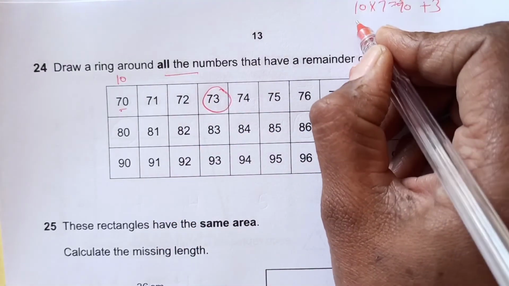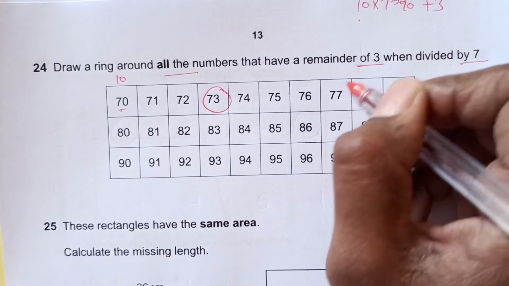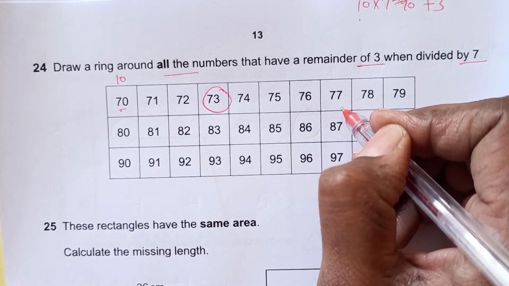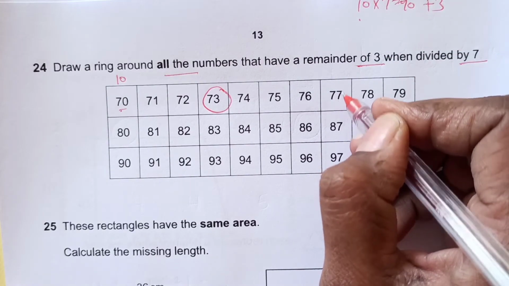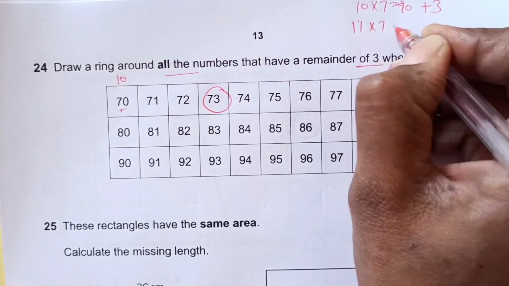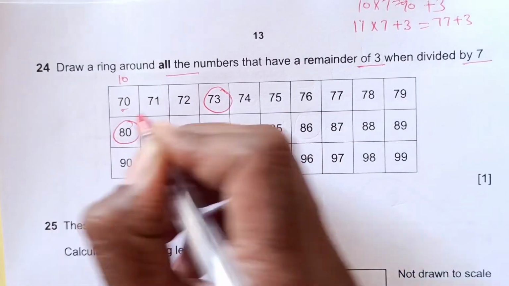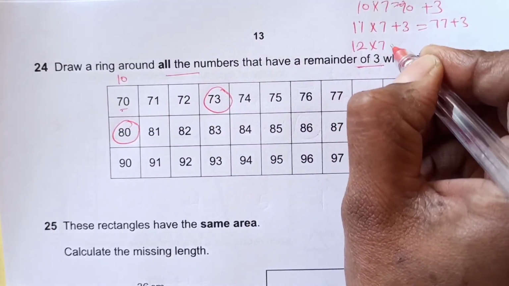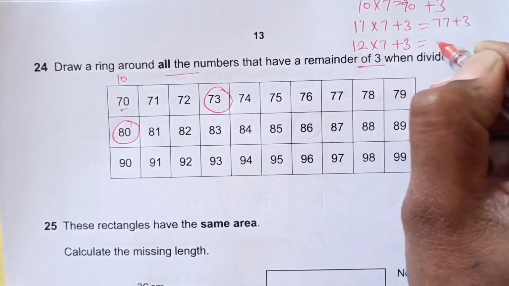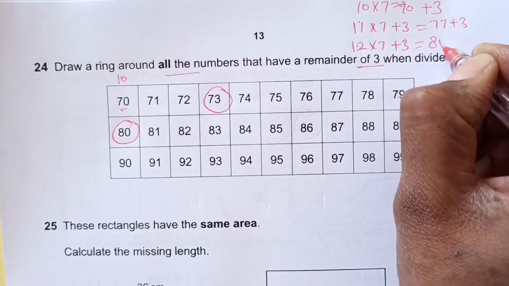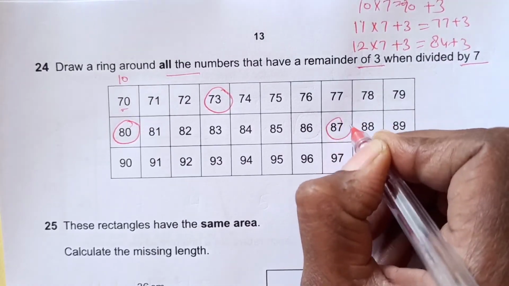Then 11 times 7 is 77. 77 plus 3 is 80. Then 12 times 7 is 84, plus 3 it will be 87.